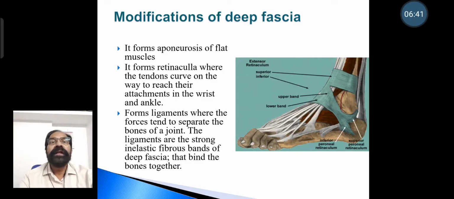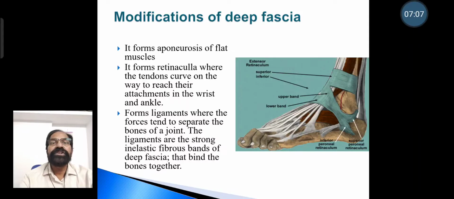It forms aponeurosis of flat muscles. It forms retinacula where the tendons curve on the way to reach their attachments in the wrist and ankle. It forms ligaments where forces tend to separate bones of a joint.